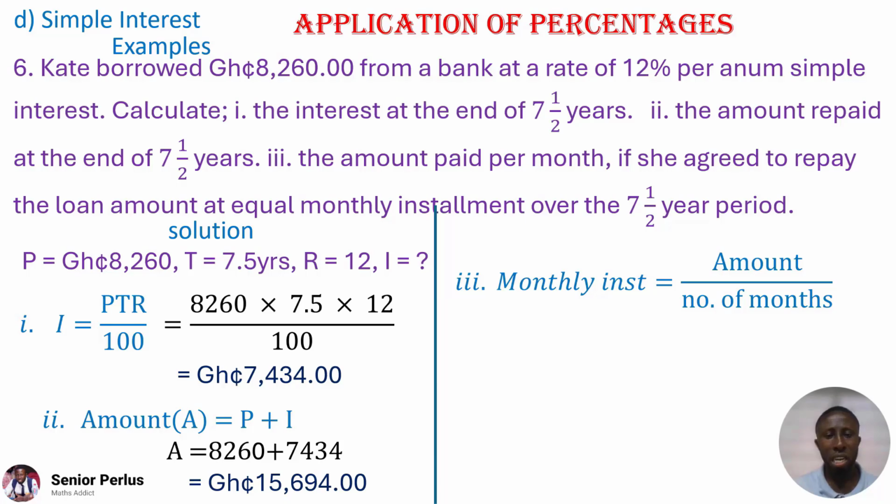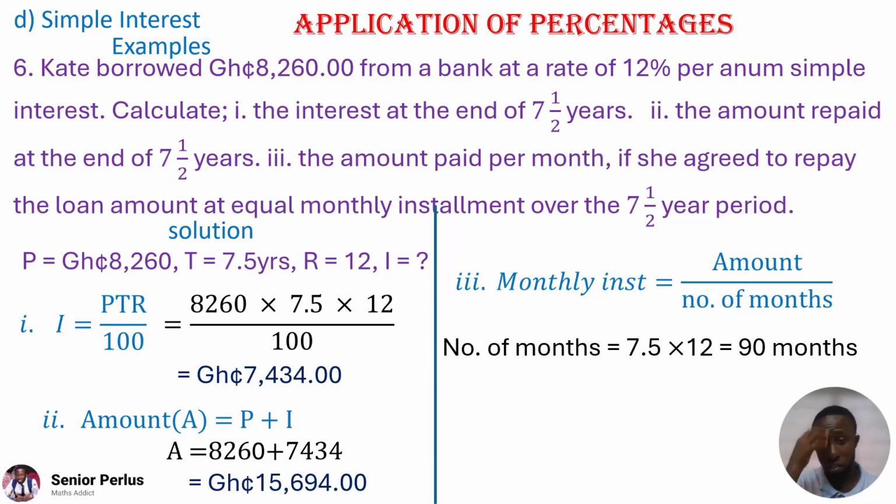So for us to get the number of months, the time is 7.5 years. To get the number of months, you have to multiply by 12 because we have 12 months in a year. So the number of months is 7.5 times 12, because we said per month, at the end of the month.